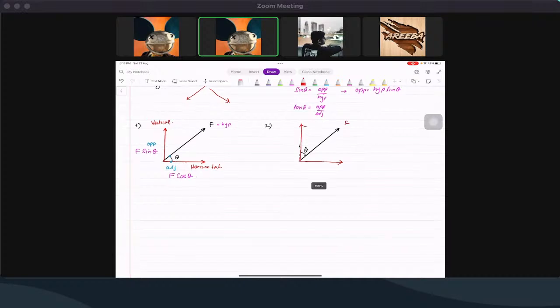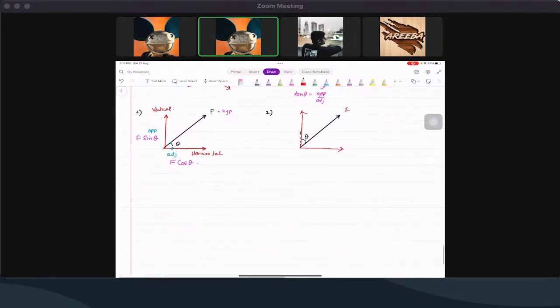So because the angle is touching this component, like this one and this one, this makes it adjacent, so I can write the vertical would now be F times cos theta, and the horizontal will be F times sine theta. So it is basically the angle that decides which component is going to be what. Is it clear?